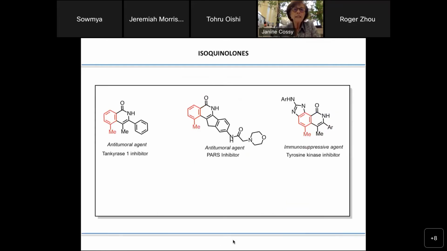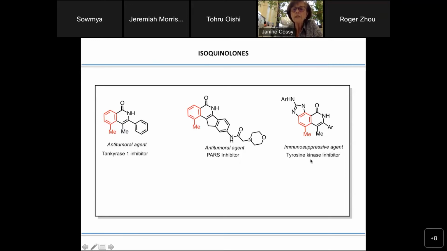Now, let's have a look at isoquinolones. Isoquinolones are important compounds, and they can have very interesting biological properties, such as, for example, this compound, which is an antitumoral agent, which is a tyrase 1 inhibitor. This one also, which is also an antitumoral agent, and this one, which is an immunosuppressive agent.